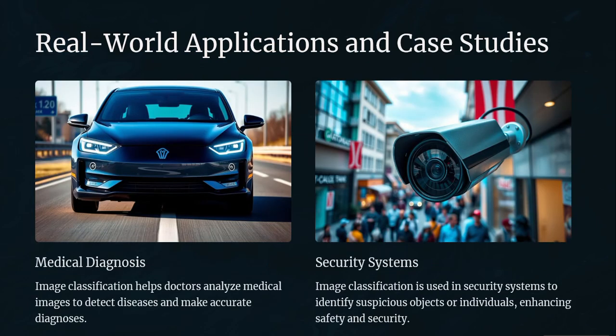Now, real-world applications and case studies. In medical diagnosis, such as diseases and accurate diagnosis, we can take the example of cancer. Cancer cells and normal human cells are completely different. They have some color contrast or different colors.